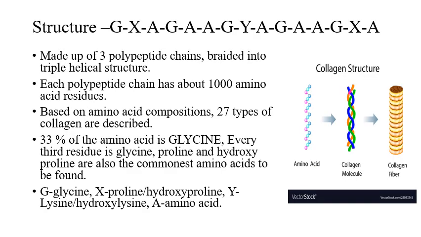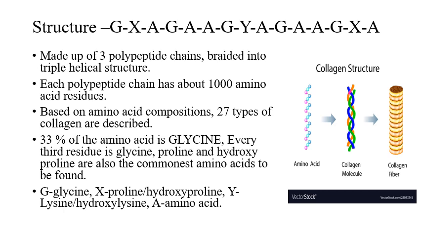Moving on to the structure of collagen. Collagen is made up of 3 polypeptide chains braided into a triple helical structure, and each polypeptide chain has about 1000 amino acid residues. Based on the composition of these amino acids, 27 different types of collagen are described.